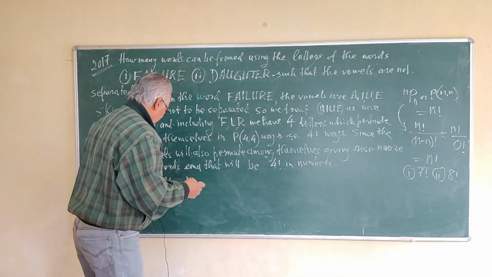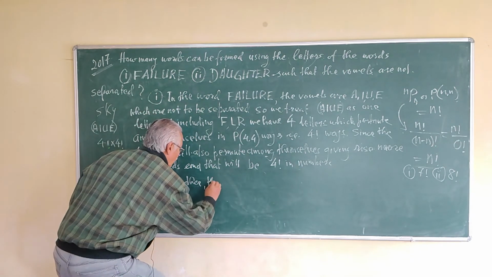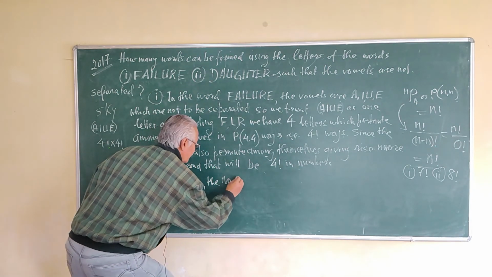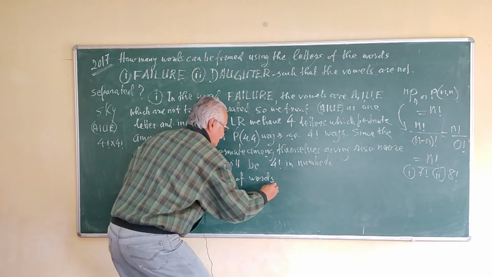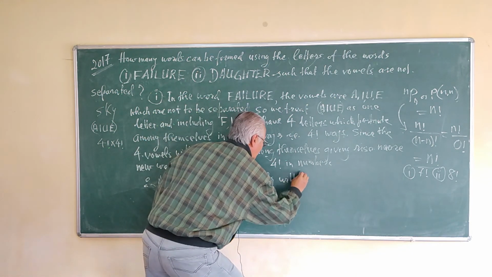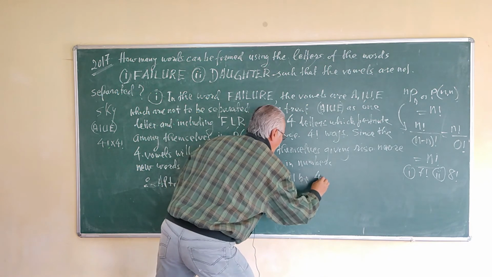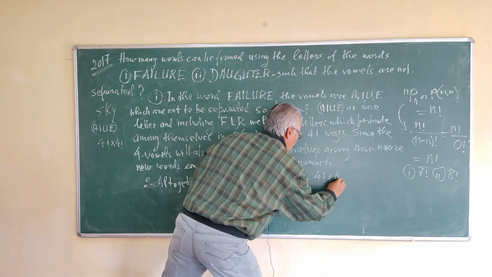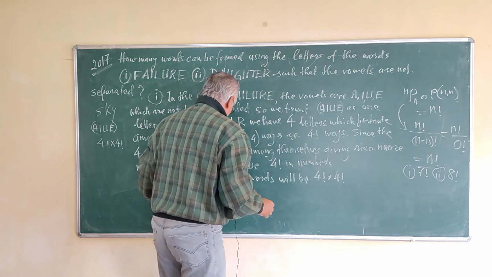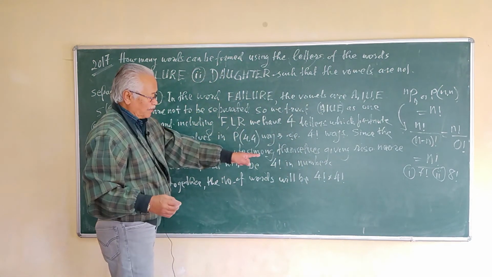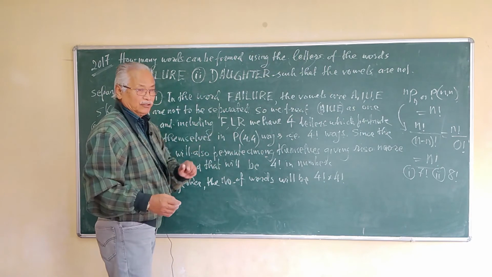So altogether, the number of words will be 4 factorial into 4 factorial. Yeah, number of words will be 4 factorial into 4 factorial.